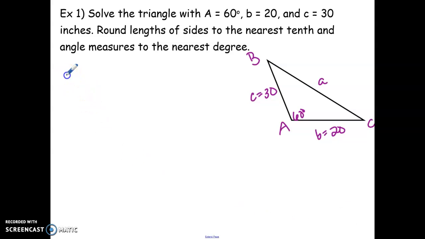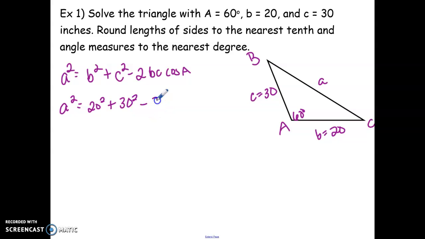So I'm going to find A by using the formula A squared equals B squared plus C squared minus 2BC cosine of A. So when I plug that in, I have A squared equals 20 squared plus 30 squared minus 2 times 20 times 30 times cosine of 60 degrees.